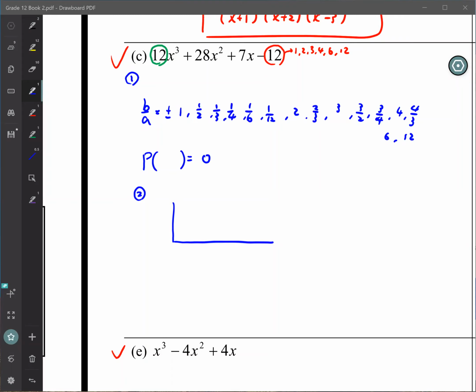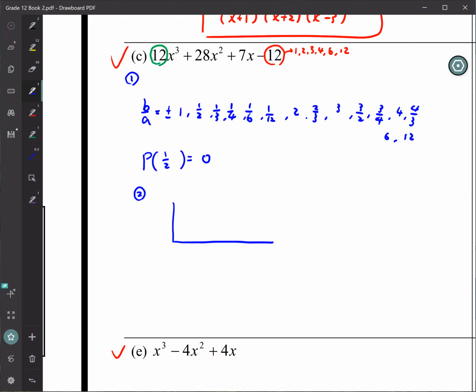So far, only 2 people found it. Okay, Samantha, you found it? What's the number that works? 1/2. Okay, so let's try it out. Maybe some of you found different ones. It doesn't matter.